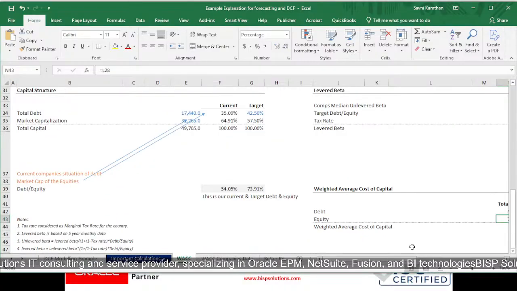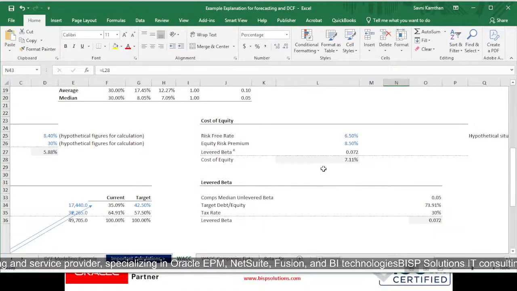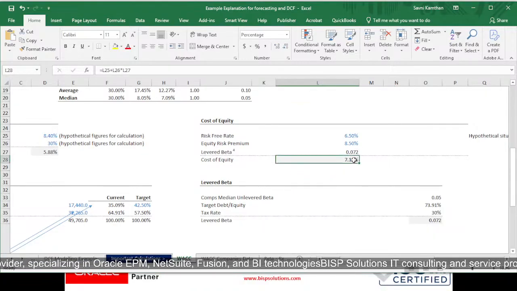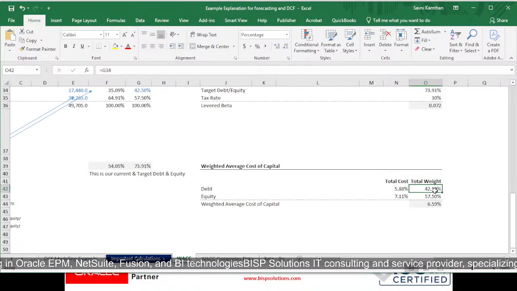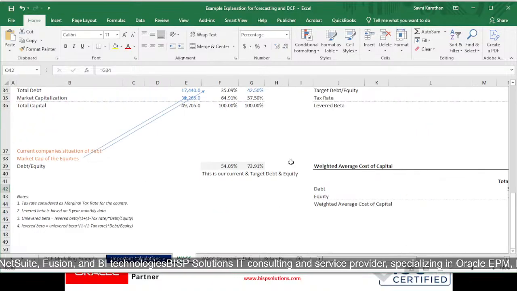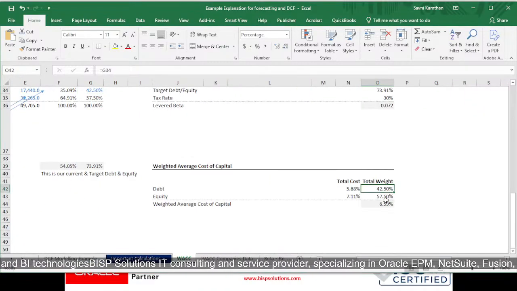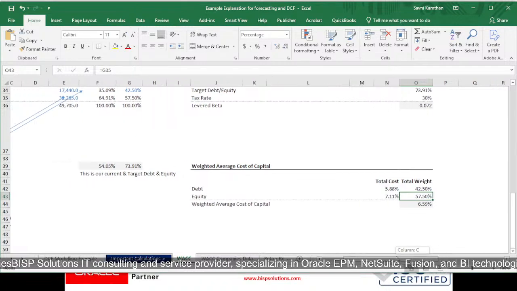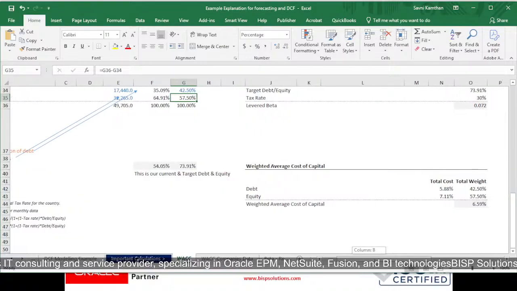I have taken it from my cost of equity, like here. Now I have to calculate my total weight. For that I have taken my 42.50, because I have already calculated it over here, and linked it. Then my equity, which is 57.50, is linked from the capital structure.